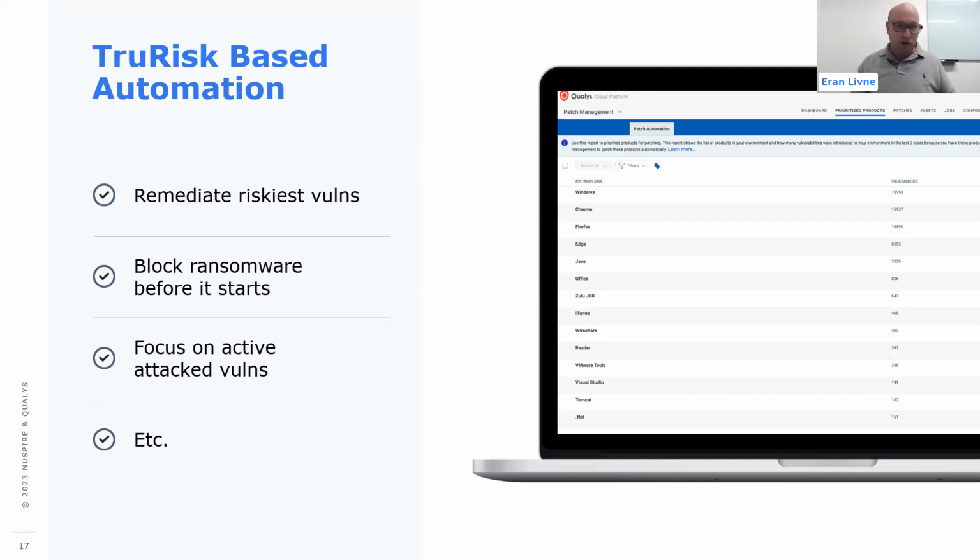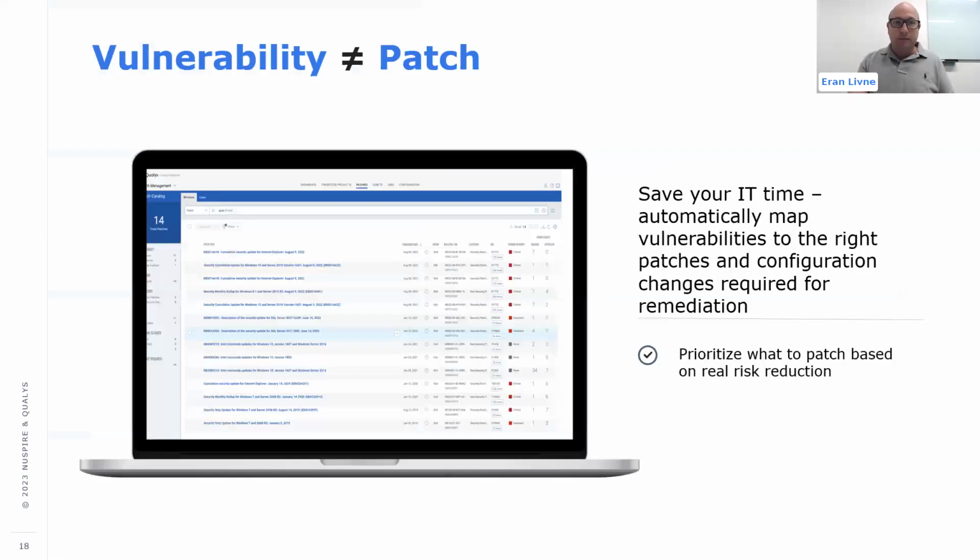I don't even want to wait. Just go ahead and do it automatically. Now, of course, you cannot do it on your mission-critical applications. You can do it on your desktops or laptops. It's much easier, but that takes you to the next level because you can respond even before the risk is valid in your environment. So automation is key.